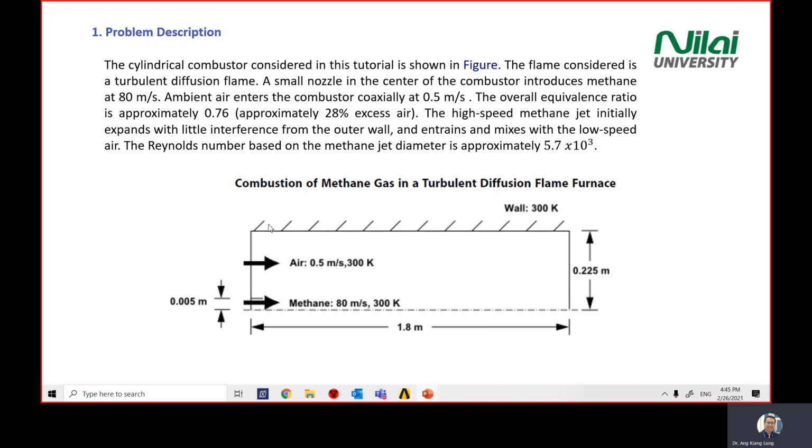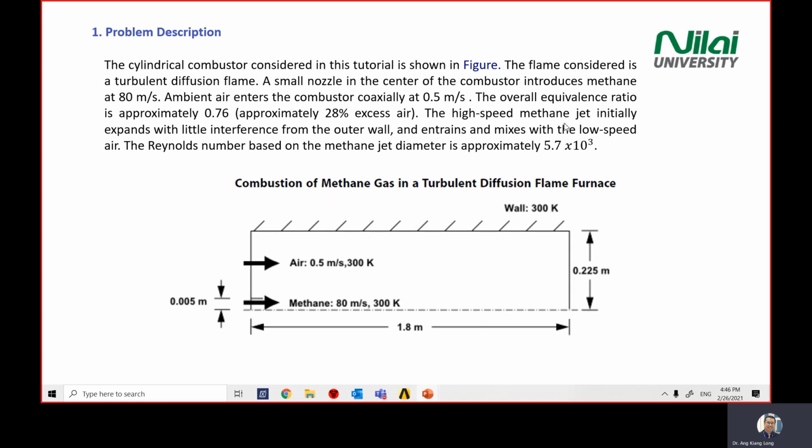Right. So before you simulate any model, at least you should know what your simulation domain is about. The information given here is that the overall equivalence ratio is about 0.76, or we can say that we have 28% excess air.